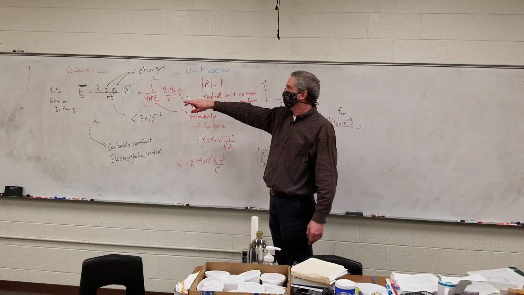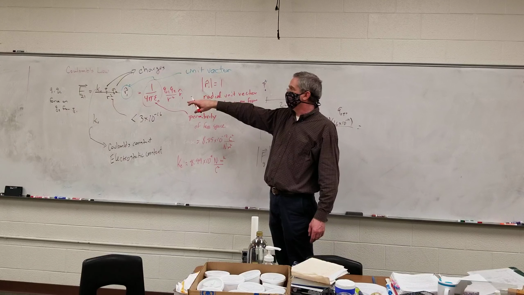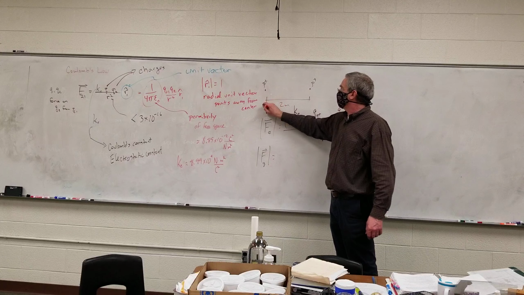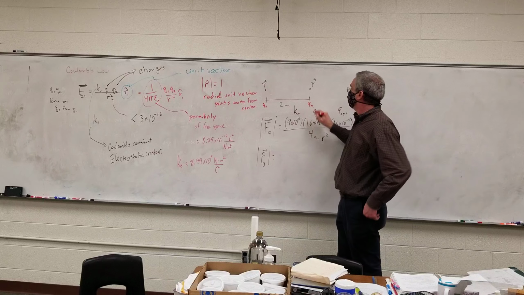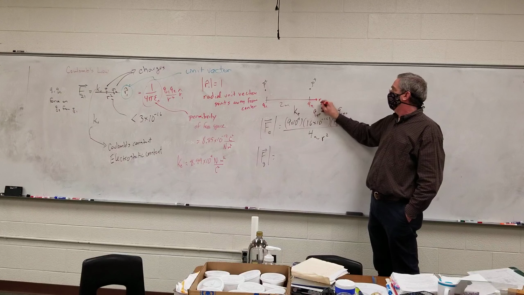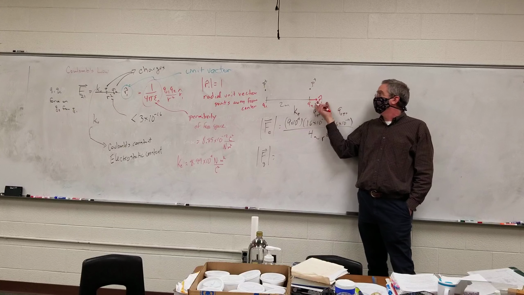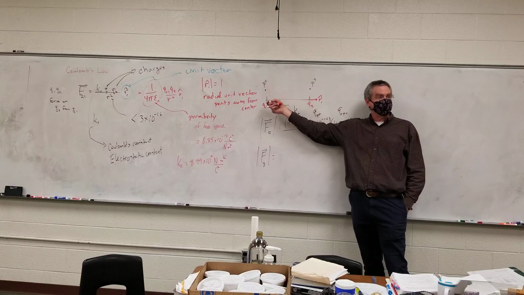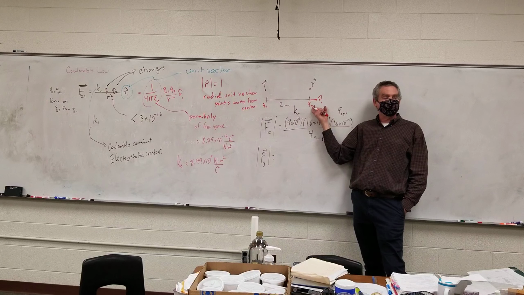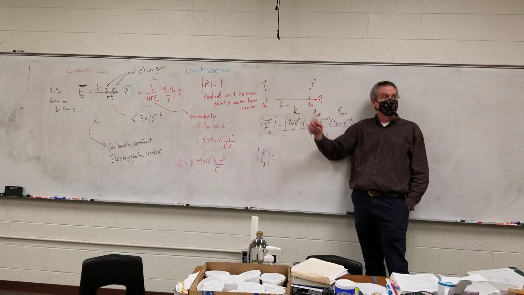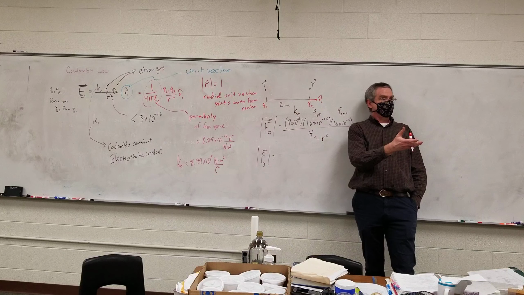In this case, my reference point is R sub 1, charge 1. So if this is charge 1 and charge 2, the force at charge 2 is along R1 hat. If I end up with a negative value, that means it's the opposite way, so it's being pulled towards it. If it's a positive value in front of this vector, it means it's away from your center. Is that sufficient? Yep. Okay.